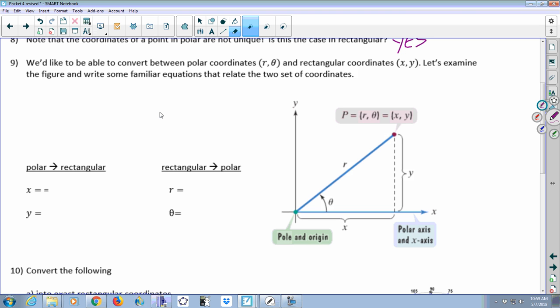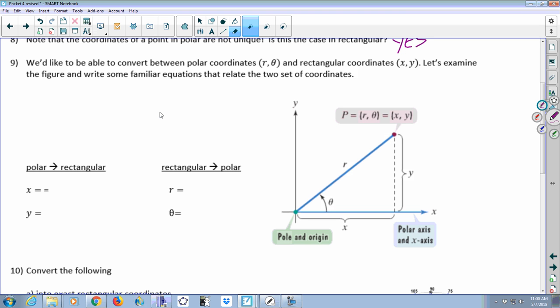But I do want to encourage you to at least look at the section and see all the beautiful things you can graph. I just figured we wouldn't have enough time to do all the potential graphs, and most of the homework was like matching equations to graphs, which wouldn't have taken a lot of time, and with your calculators you could have done it, but hey, it's the last week. I want you to just get some of the basics here.